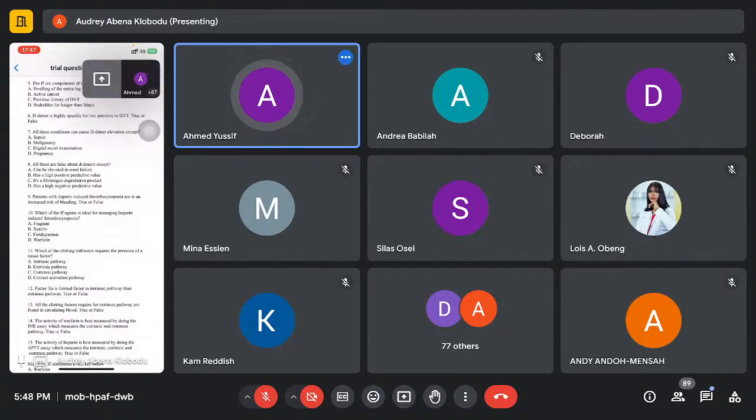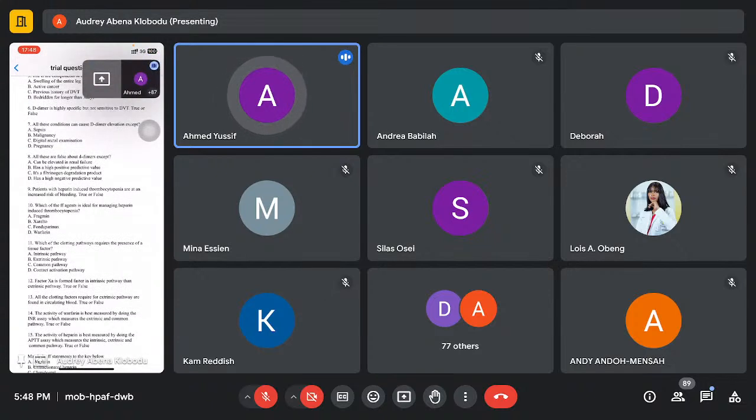But for type 2, it's the one that is referred to as heparin-induced thrombocytopenia. And we said that one is immune-mediated. When you give heparin, heparin binds to platelet factor 4. And once it binds to this platelet factor 4, the complex of heparin and platelet factor 4 is able to induce an immune response.